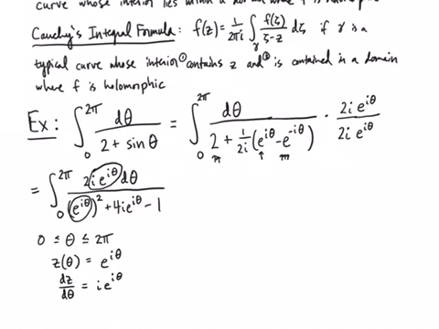So we have our z and we have our dz d theta. So what I can say is that this is the integral over some path here, and what we have is the function 2 over z squared, right? So my e to the i theta, that's z, plus 4i times z minus 1, and then times dz. Because that dz, remember, so this is our f of z here.